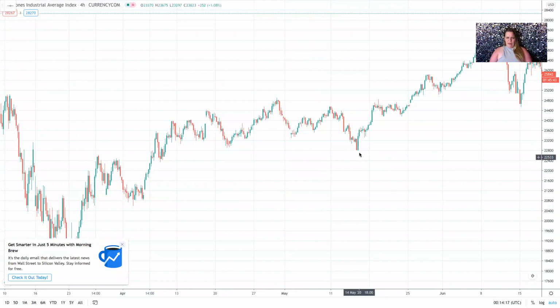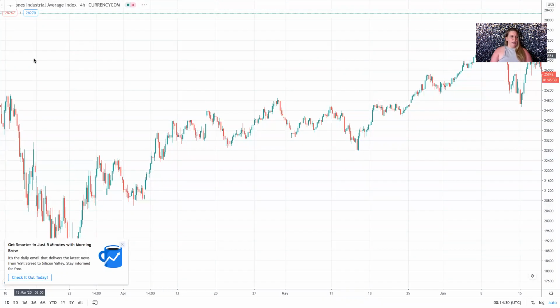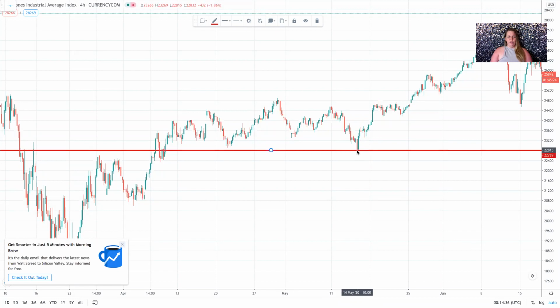Look at this area right here. You can see something happened right here. We had a touch, we almost had a touch right there. Had some things going on over here. So you know what? We'll put a line right there.